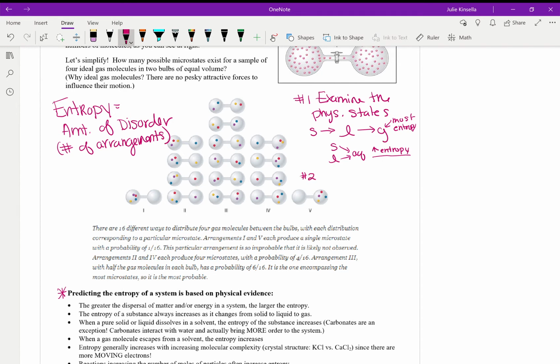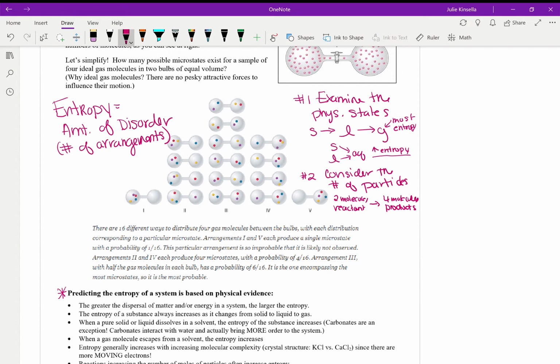And then number two, if the physical states are all the same, just consider the number of particles involved. So say you have 2 molecules of the reactant going to, say, 4 molecules of different products, all in the gas phase.